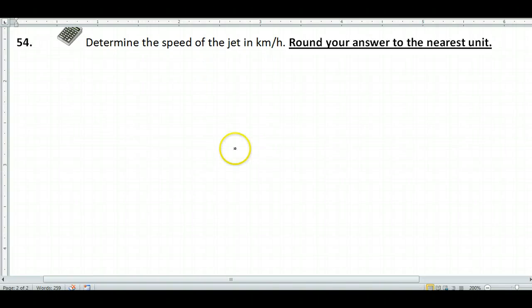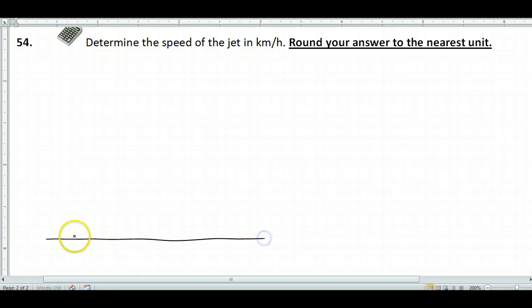Okay, so let's see what's going on here. I'm going to put my ocean right here. The boat will be here. Here's the horizontal path of the plane, parallel to the ocean, of course.